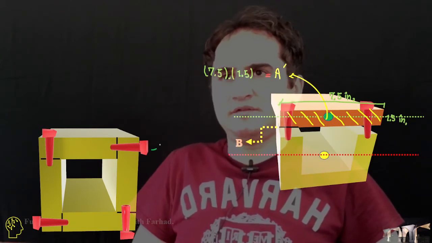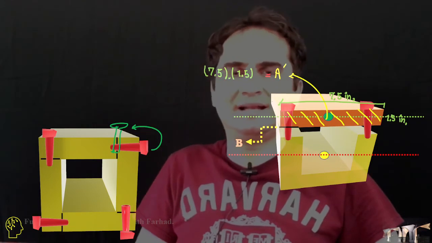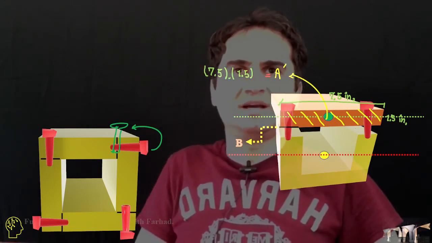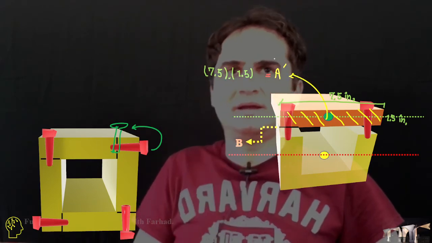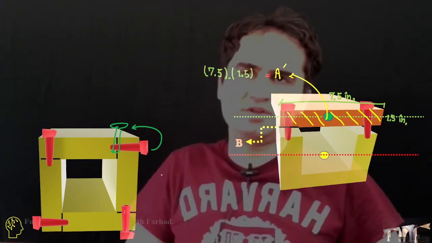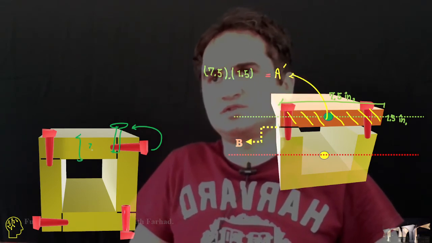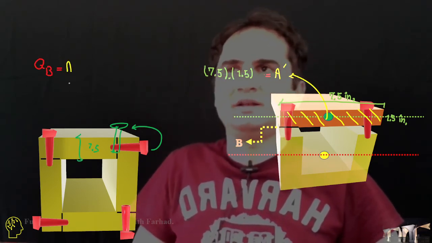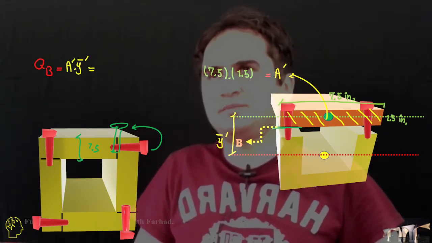We just assume that we can flip these nails between horizontal and vertical conditions, and in that case we can go with the total area at the top, that's A prime, which is 7.5 in one dimension times the thickness of each of the boards, which is 1.5. And our Q for this kind of shearing is A prime times y bar prime.